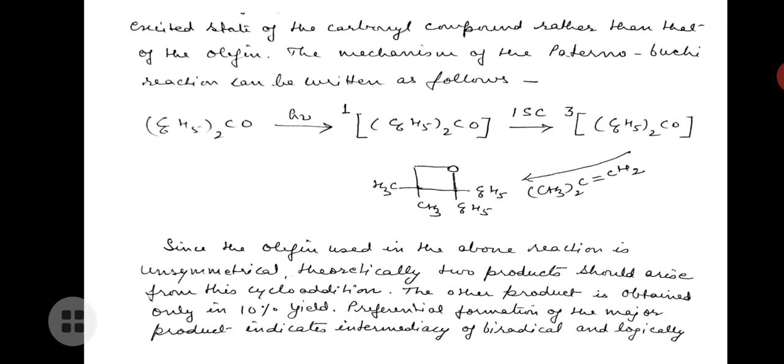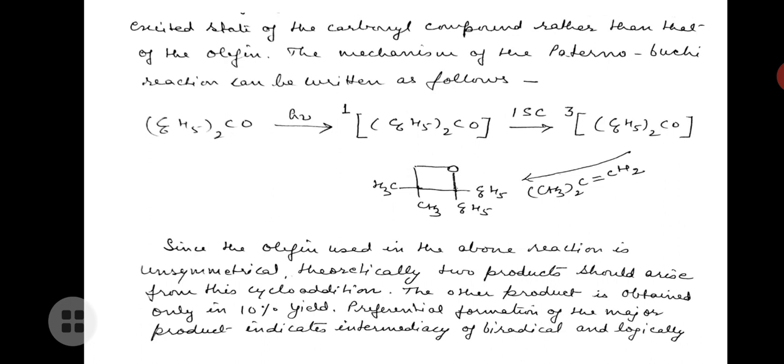Now this singlet excited state undergoes intersystem crossing, ISC, and the triplet excited state of benzophenone is formed. This triplet excited state of benzophenone undergoes reaction with isobutene to form oxetane.